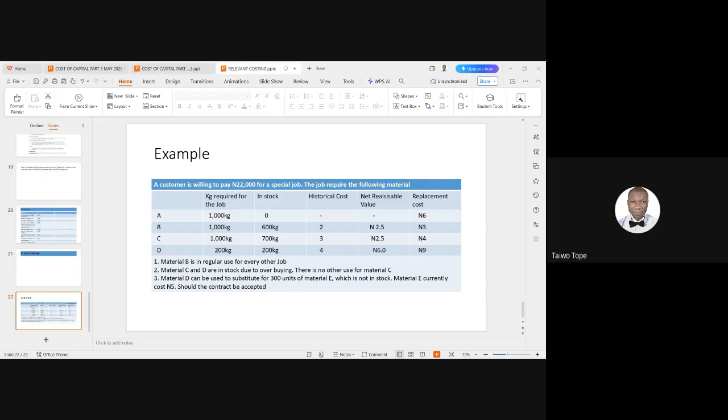Now, if you decide to sell it at net realizable value, that is this 200 kg at net realizable value, how much are you going to get? 1,200.